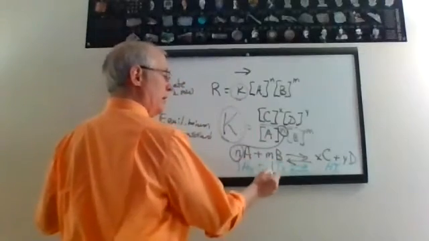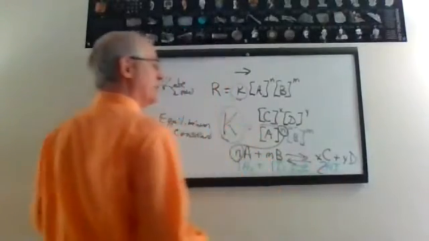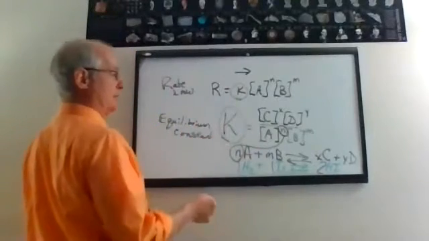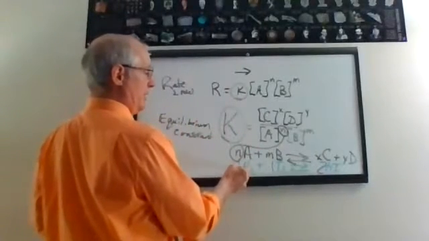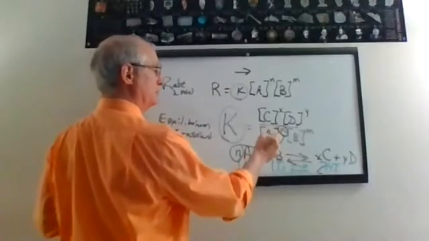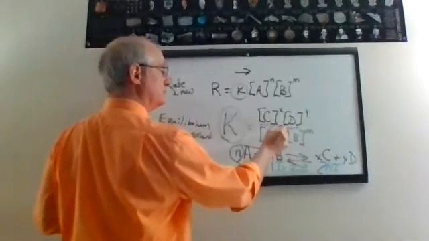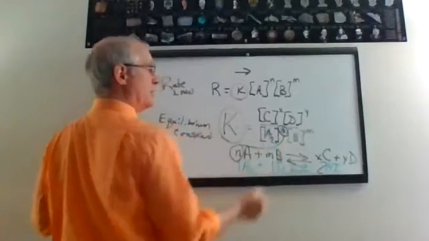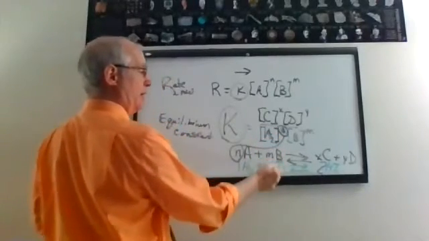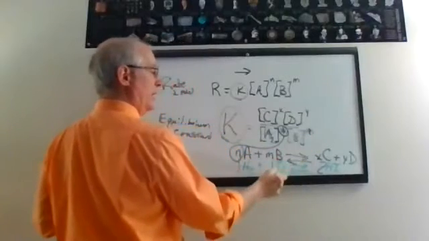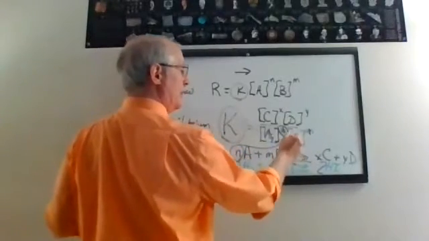1, 1, and 2. So in order to get this equilibrium constant, we would go ahead and say reactant A has a power of 1. And reactant A is the concentration of hydrogen. And reactant B has a power of 1. And the concentration of the iodine.